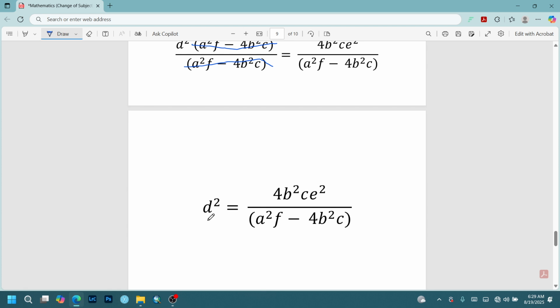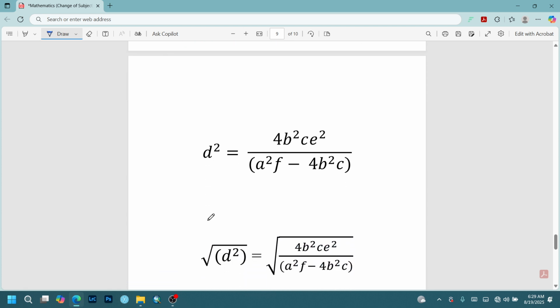If it's a square root and you want to eliminate it, you introduce the square, right? So we introduce the square root, and these two will cancel itself for d to be on its own, right?